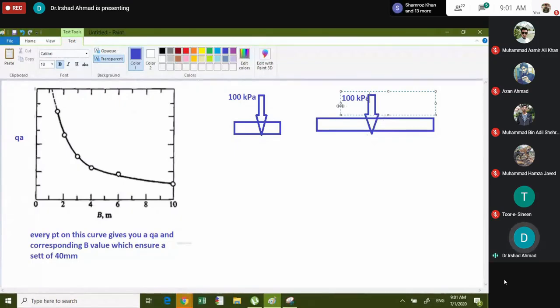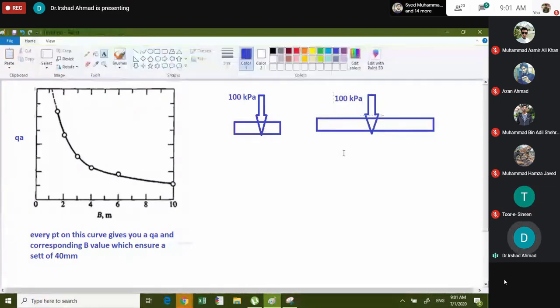You know the significant depth. How deep is the significant depth? Can anybody tell me how much is the significant depth of the foundation?